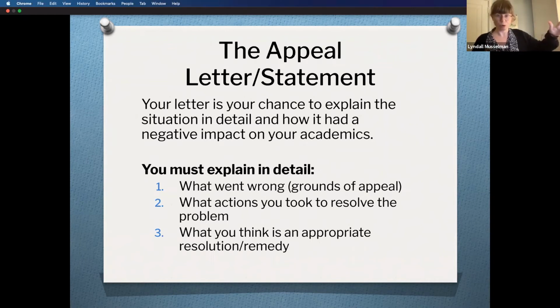We're going to go into this more, by the way. Secondly, you need to say what actions you took to try to solve the problem. And thirdly, you have to put forward what remedy you're requesting to solve the problem.